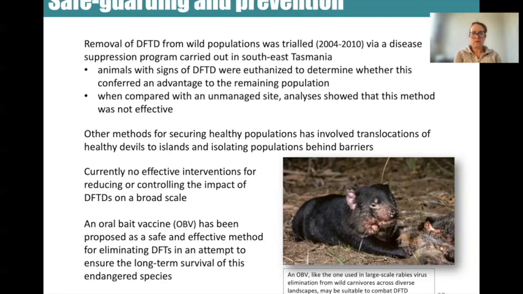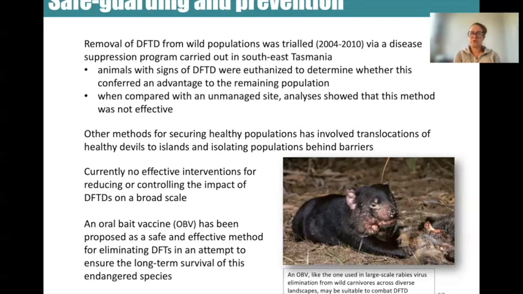When this managed site or population was compared with an unmanaged site, analyses showed that this method was not effective. So quite laborious, but didn't have any long-lasting effects on controlling the disease within a population.